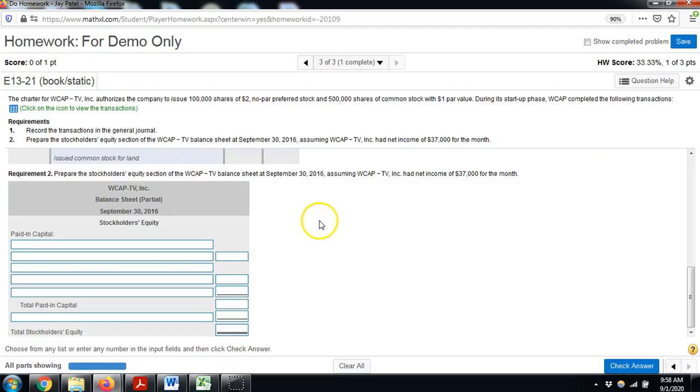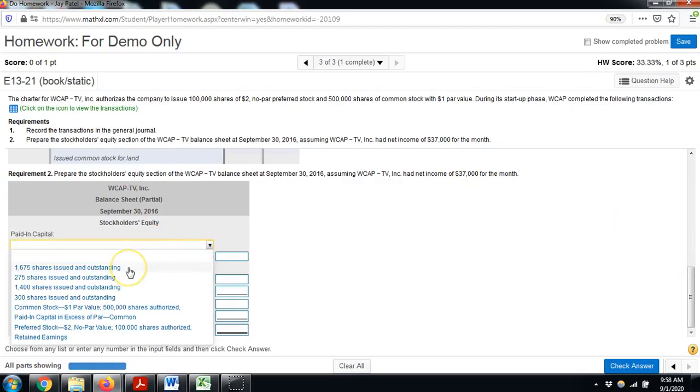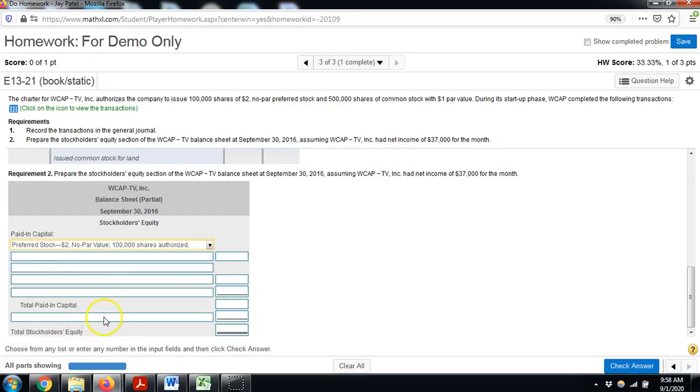Okay, so now we're going to put together the equity section of our balance sheet. We start with the paid-in capital. So we have some preferred stock. It looks like this is the only option. It's a little confusing here: $2, no par value.